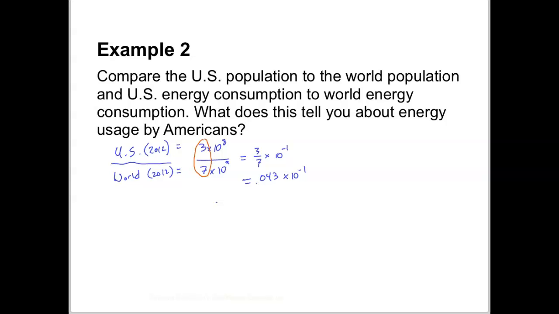Oh, I'm sorry, that already is after we adjust for that times 10 to the negative 1. So we get 0.043, which is about 4.3%. All right, so the U.S. represents 4.3% of the world's population.